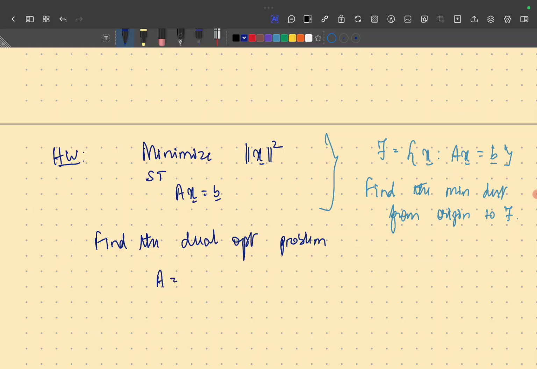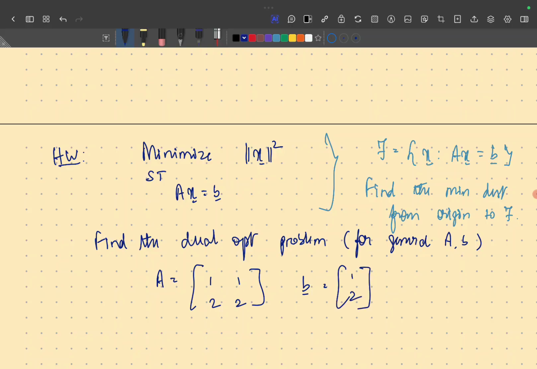So first find the general form of the dual optimization problem for general A, B. And then just try to plot the primal objective function. Find the constraint set also. Take A equal to (1, 1), (2, 2), B equal to (1, 2), and try to plot the primal objective as well as the dual objective.